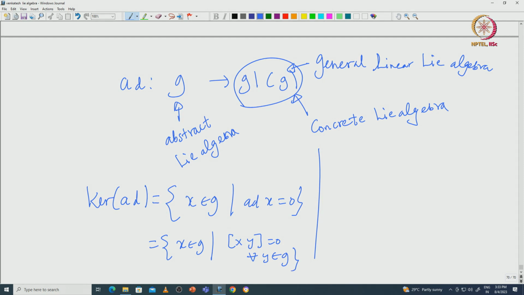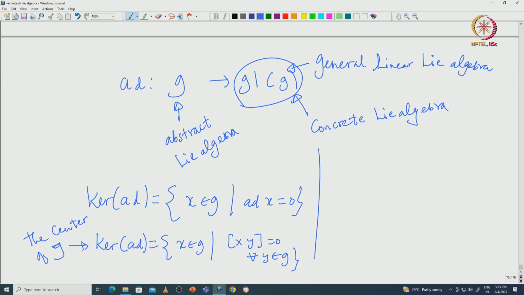So, this is a very special ideal inside your Lie algebra, which is called the center. So, the center of G. If you take this adjoint map, the kernel of that adjoint map is the center.